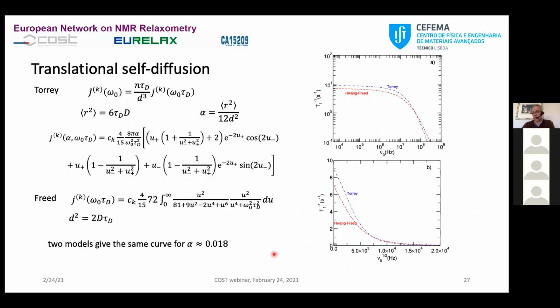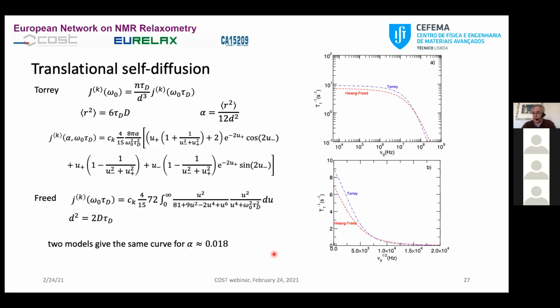Of course, we know translational diffusion is very important. It brings the intermolecular interactions between spins and makes it possible to use that information in the interpretation of our relaxation dispersion.